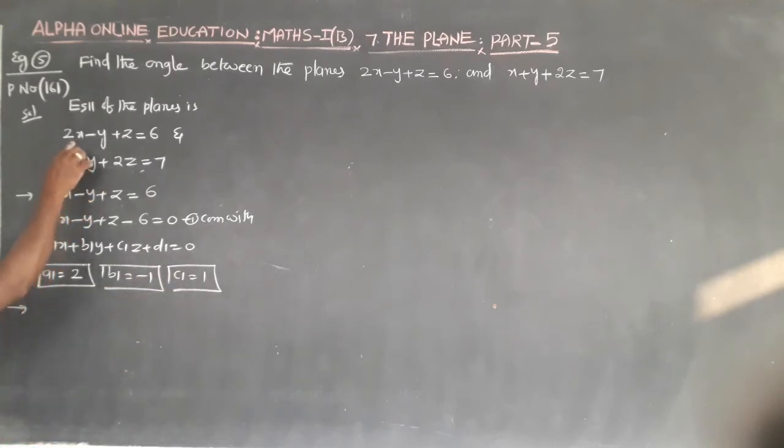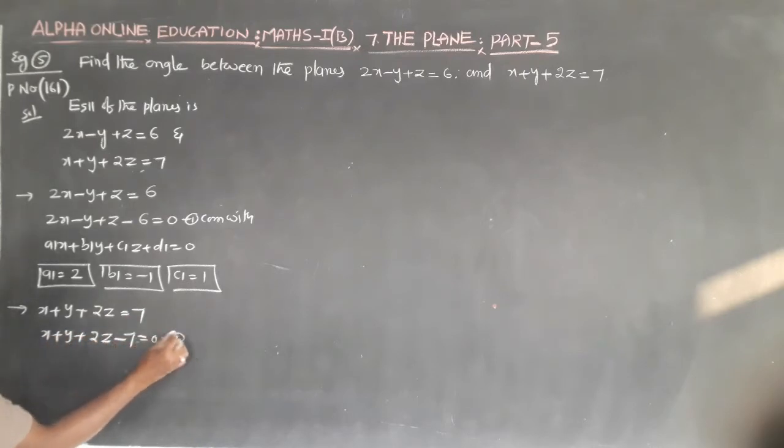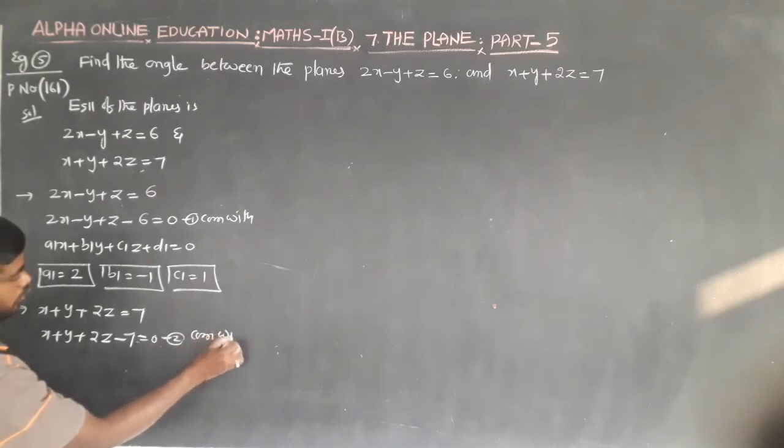Next one, second plane x plus y plus 2z is equal to 7, x plus y plus 2z minus 7 is equal to 0.